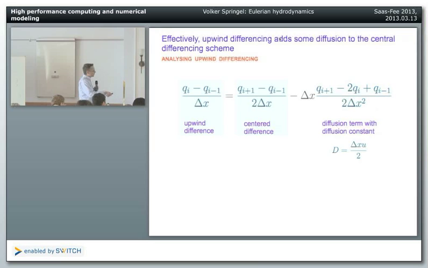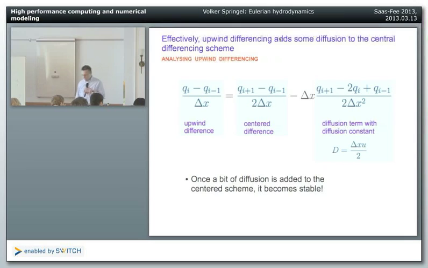This is a typical second order finite difference formula, which you have in the diffusion term. Indeed, this is a diffusion term with diffusion constant proportional to delta x times the velocity over half. So that means the diffusion will be stronger if you have poorer resolution. And that explains why you see numerical diffusion.